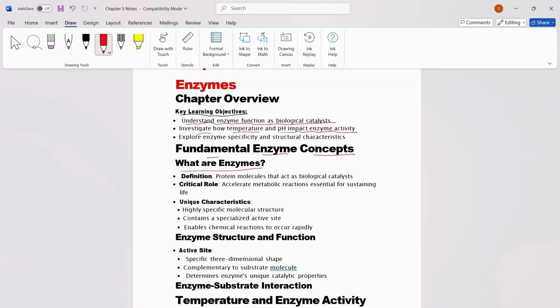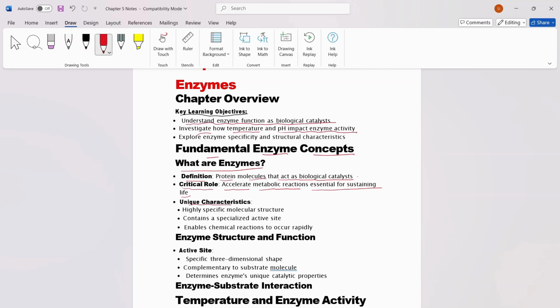What are enzymes? Definition: protein molecules that act as biological catalysts, called enzymes. Critical role of enzymes: they accelerate metabolic reactions which are essential for sustaining life.